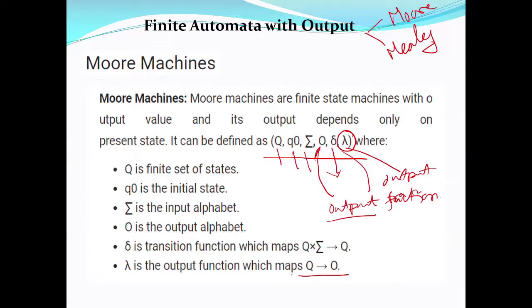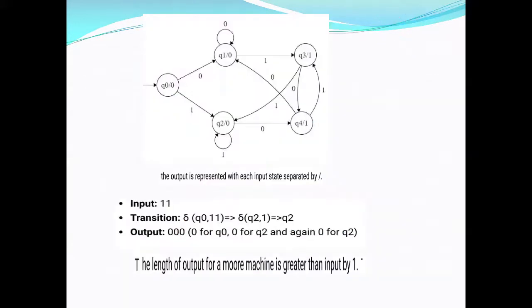It takes an element of the states and gives you an element of the output alphabet. So one state, one output symbol. I'm not getting a string. You get only one output for one state. So what happens now? Look at this.